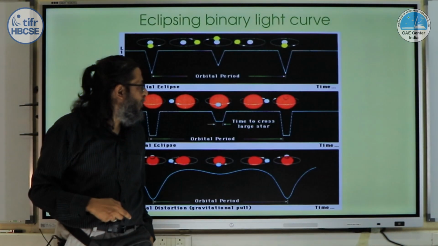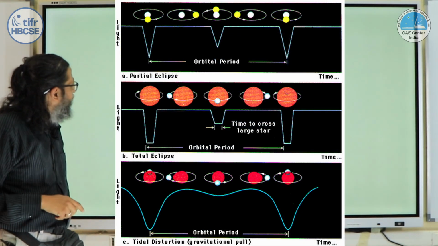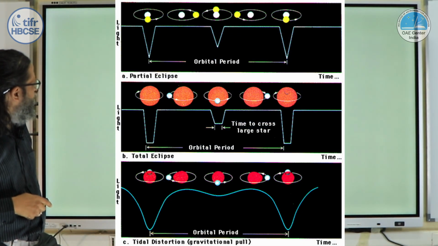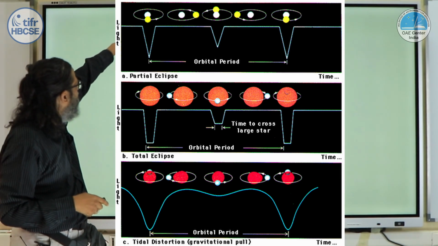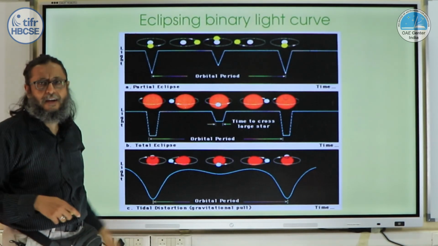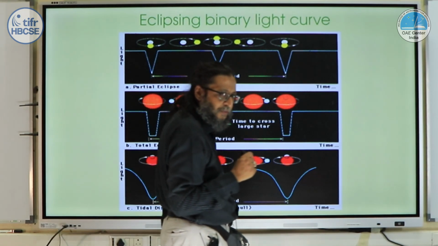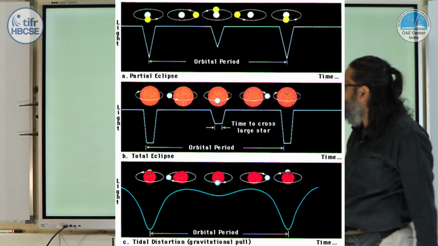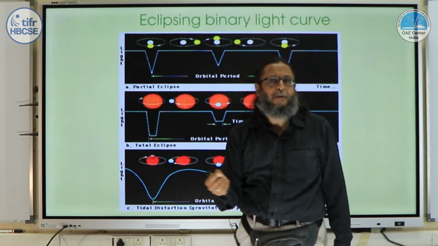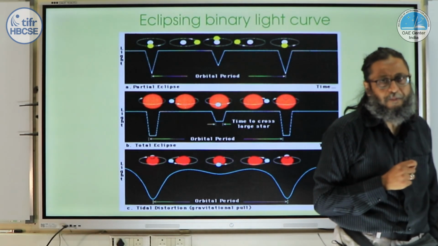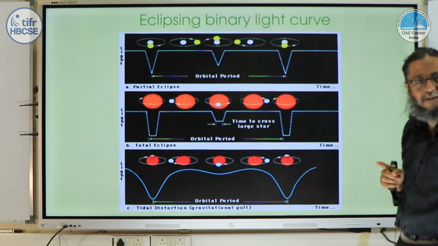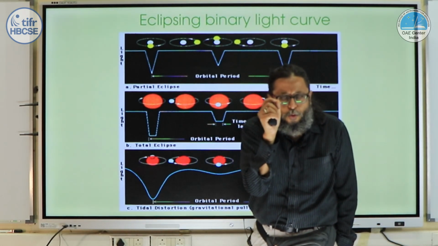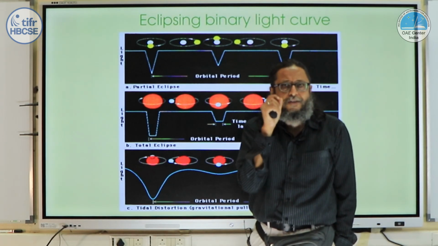So, these are different examples of eclipsing binary light curves. Here you can see that the two stars are nearly of the same size, but the spectral type is not exactly the same. How do you tell that the two stars are nearly of the same size?